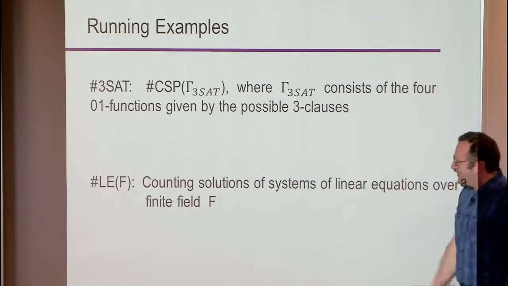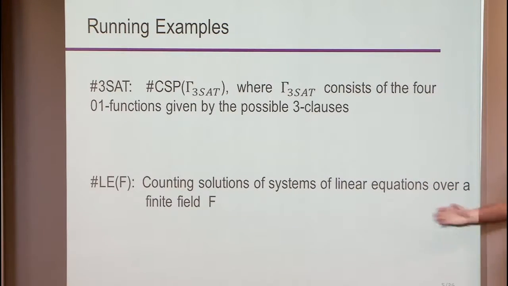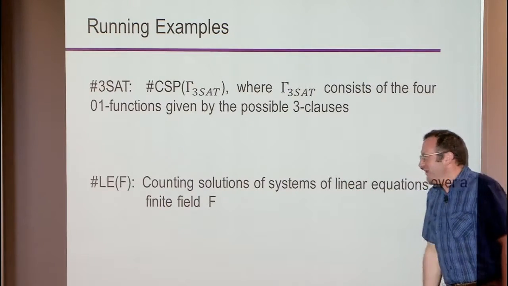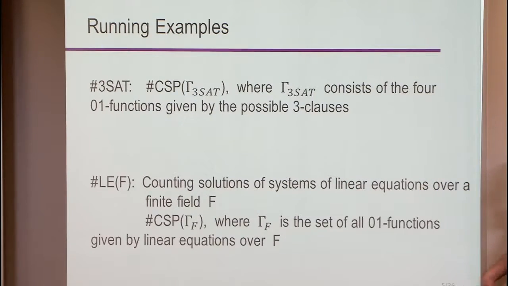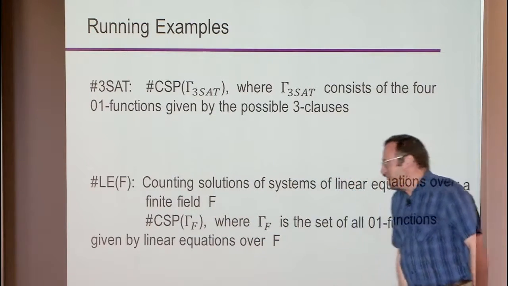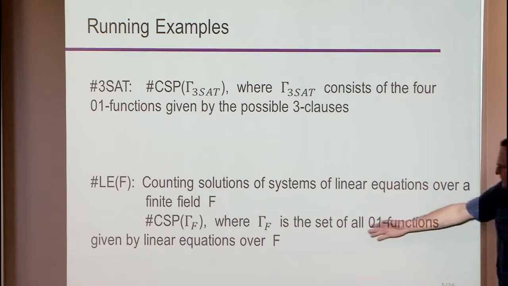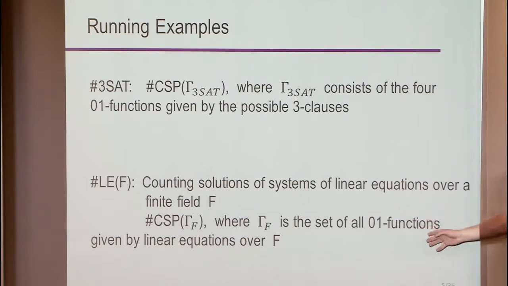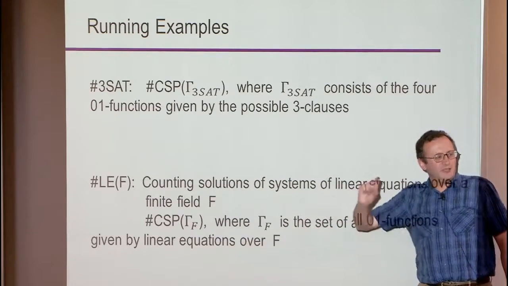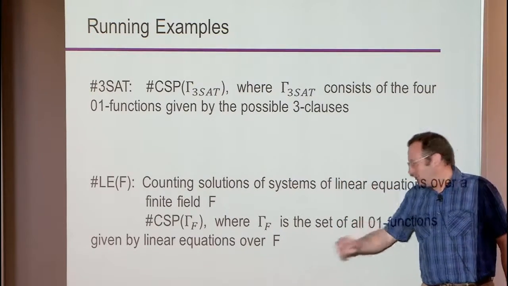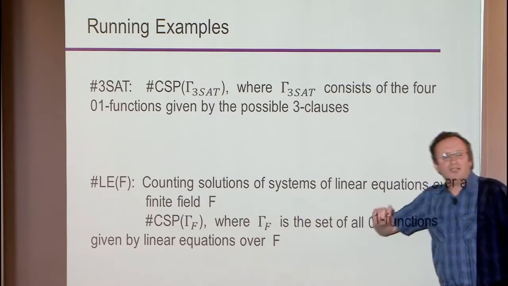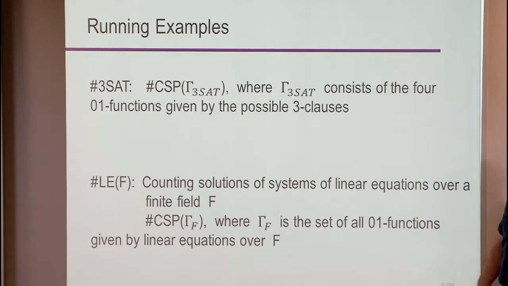Another example is counting solutions of systems of linear equations over a finite field F. If we do it in a formal way, this is the same as counting CSP of Γ_F, where this constraint language is the set of all zero-one functions that distinguish a solution to an equation from a non-solution.